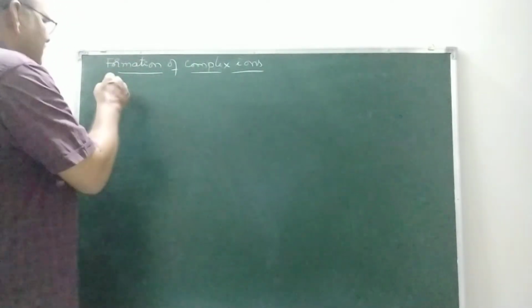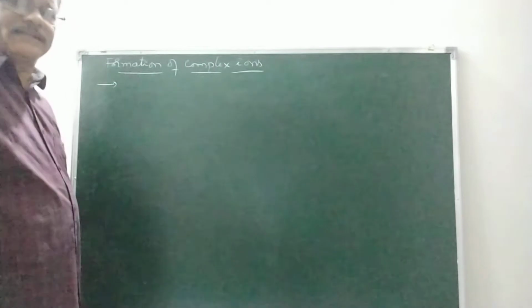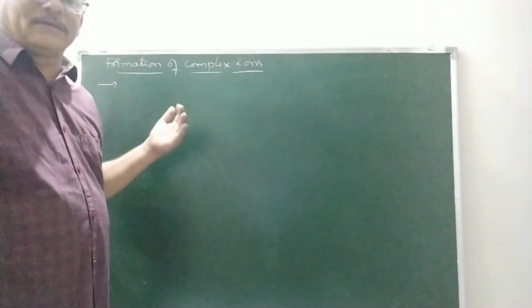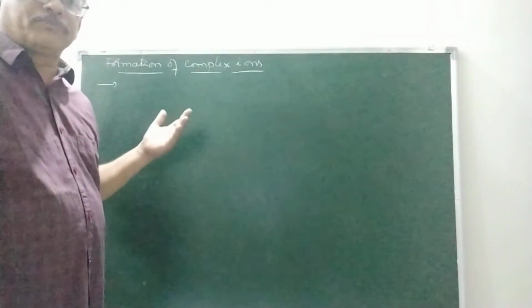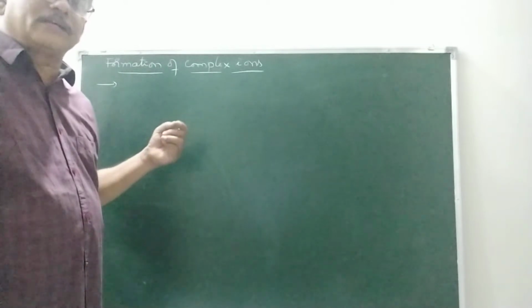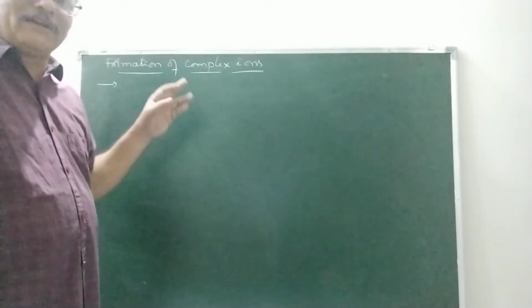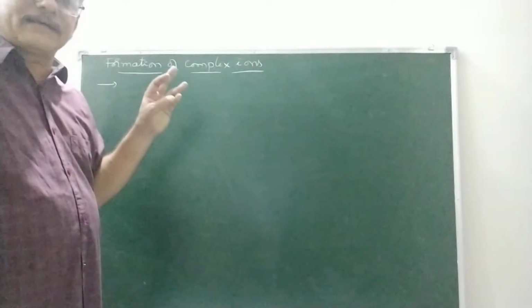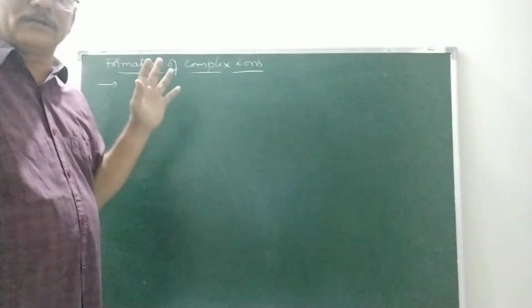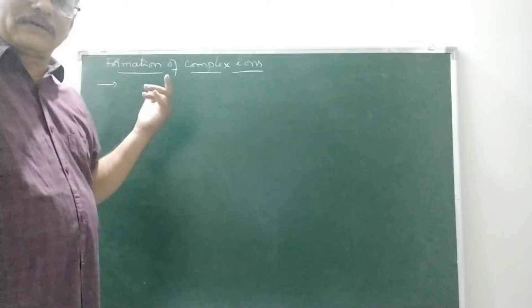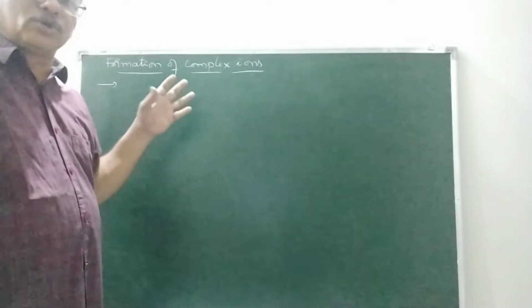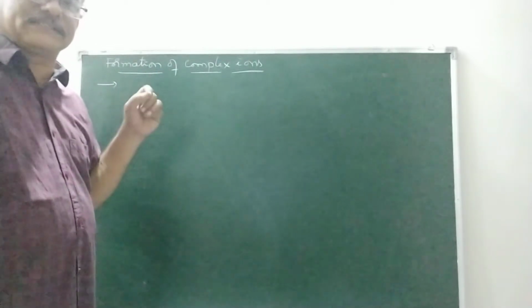What is the reason for the formation of complex ions? We have already discussed in the first year the formation of coordinate covalent bonds. In complex compounds, there will be one d block element which acts as the central metal atom or ion, and there may be some ions or neutral molecules which act as ligands.